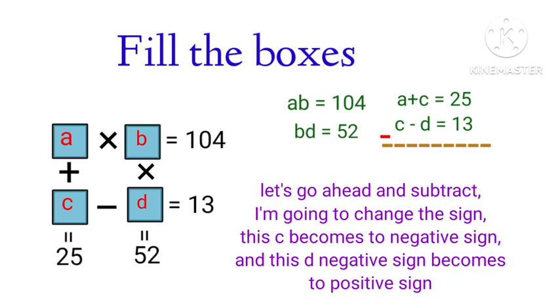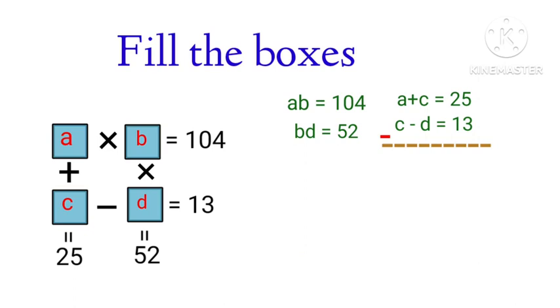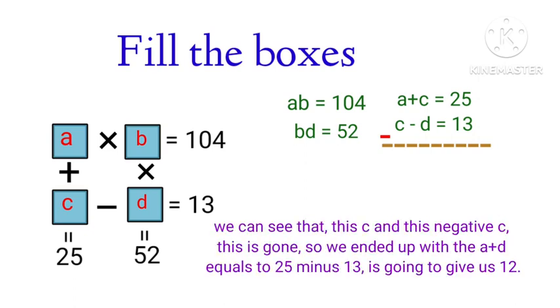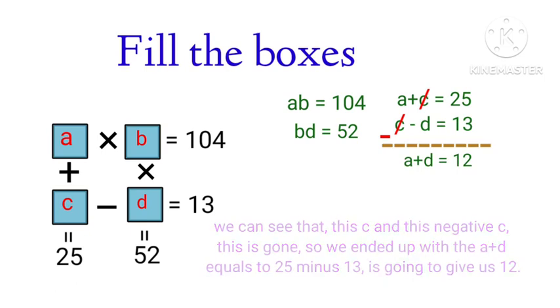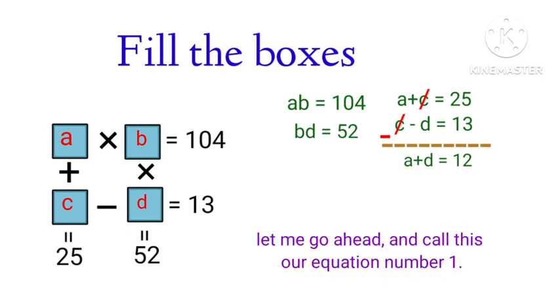The C becomes a negative sign, and this negative D becomes a positive sign. We can see that the C and this negative C are gone, so we ended up with A plus D equals 25 minus 13, which is going to give us 12. Let me call this our equation number 1.